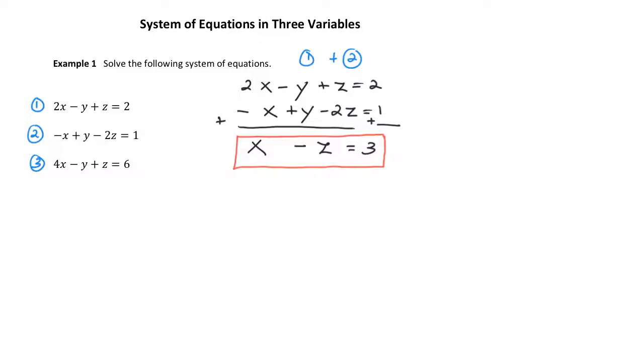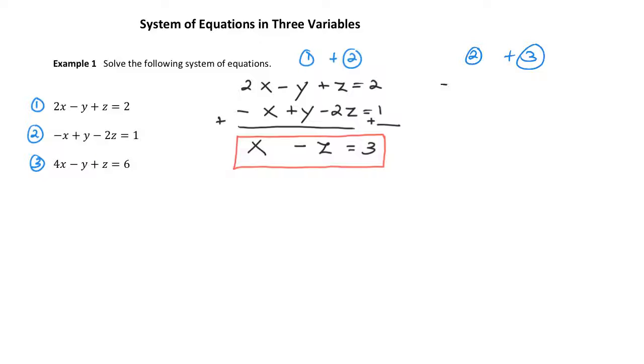So here I have, well, it's just one equation, but at least one of the variables is gone. I haven't used the third equation yet, but I'd like to somehow use it with one of the others to eliminate the y. Just like with the first and second equations, if I add the second and third, I have a positive y and a negative y, so those will cancel, leaving me with just an x and a z. So step 2 is to add equations 2 and 3.